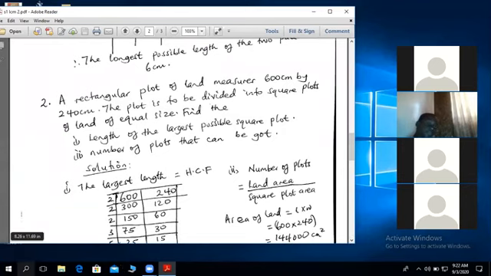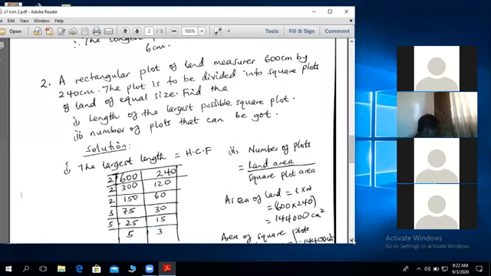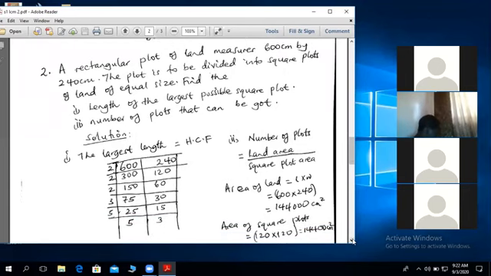So this is our second example. This one I want you to pay maximum attention. It is a common question, but you will be able to pass it.